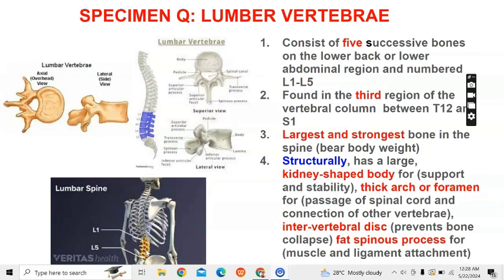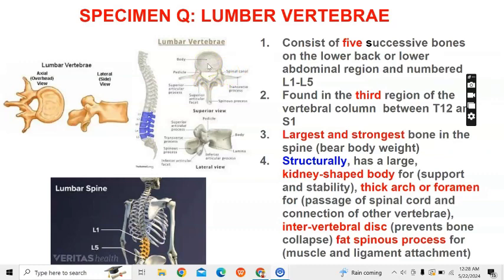Structurally, if you're asked to draw the lumbar vertebrae, there are some key things you should be able to know. One is that it has a bean-shaped body, which is for support and stability. Then it has what we call a thick arch or foramen. This serves as a passage for the spinal cord, and also it is a point of connection to other vertebrae.